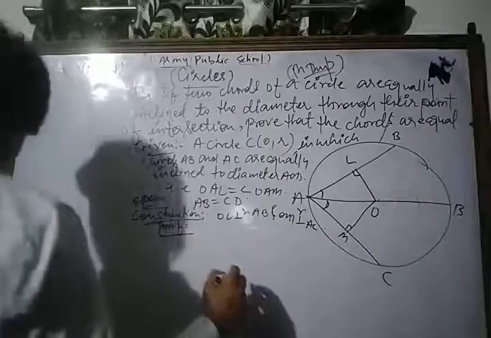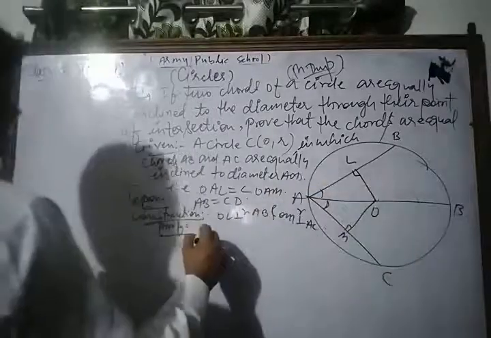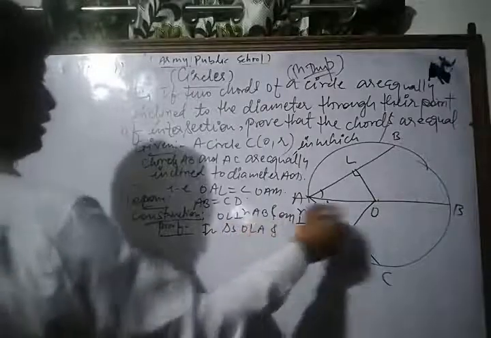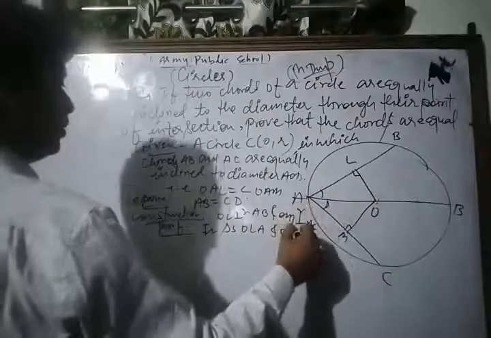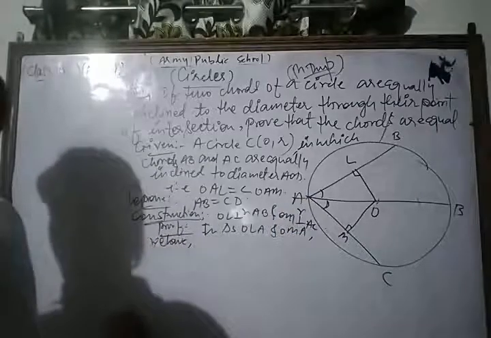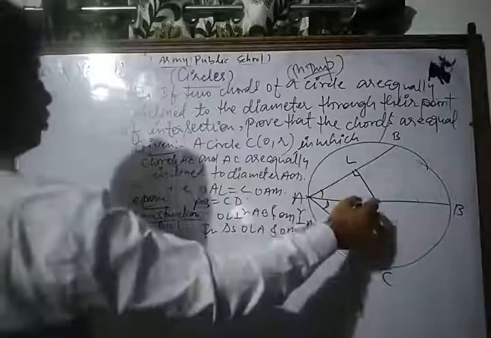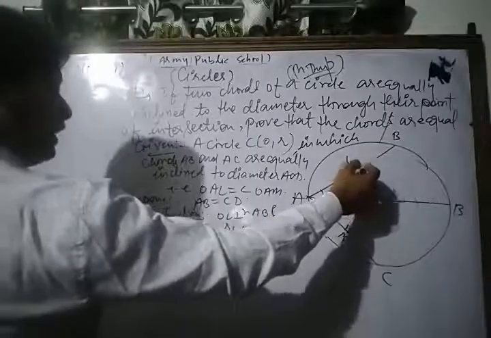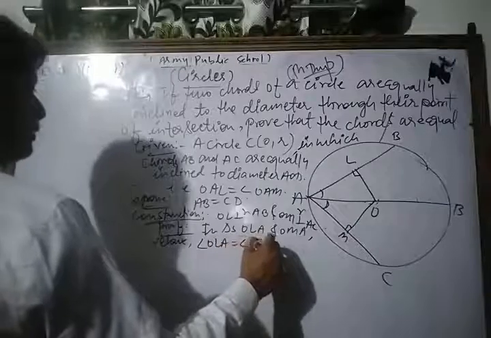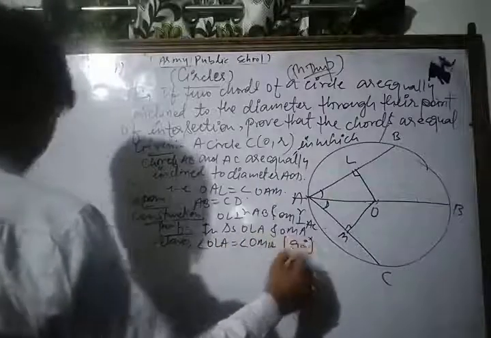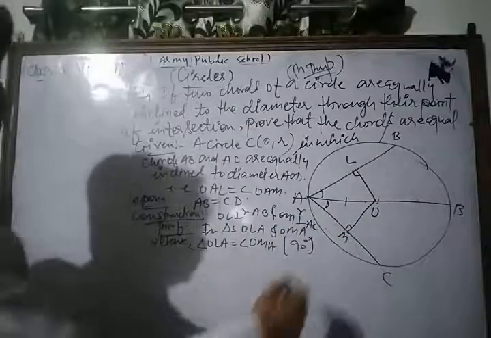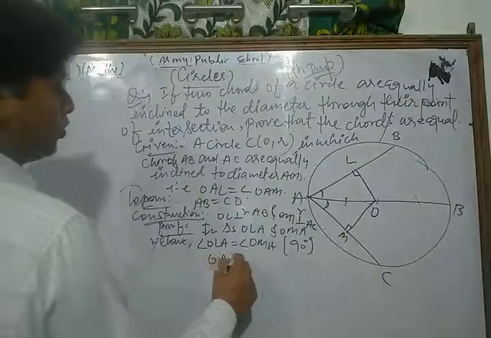Now in triangles OLA and OMA we have angle OLA equal to angle OMA equal to 90 degrees. And OA is common in both triangles. OA is equal to OA.